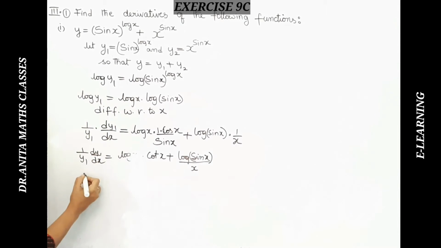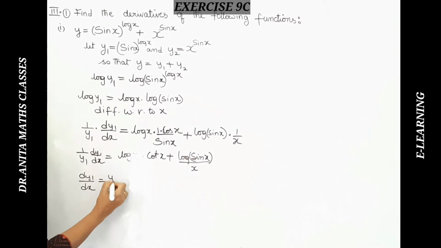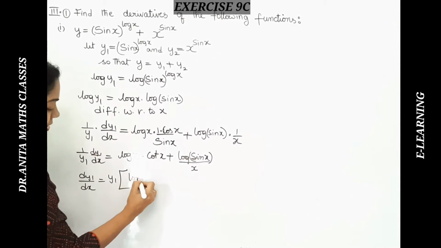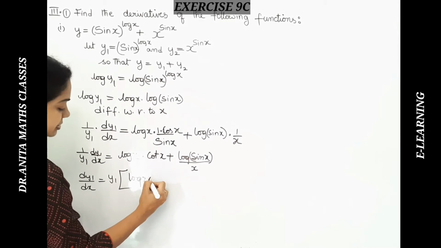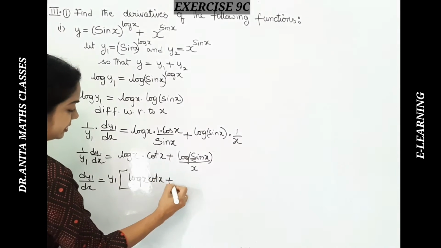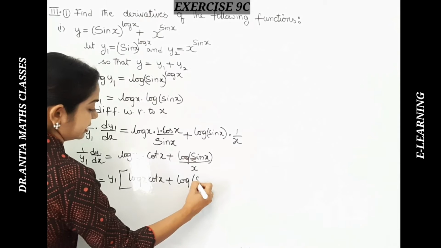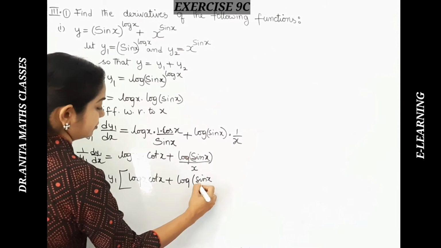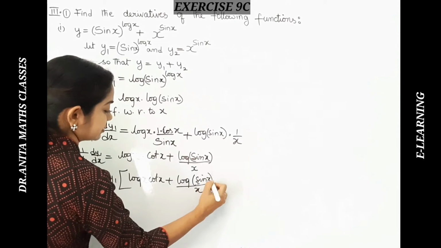So this y1 also I can bring it to the other side, so that becomes y1 into log x cot x plus log of sin x over x, okay.